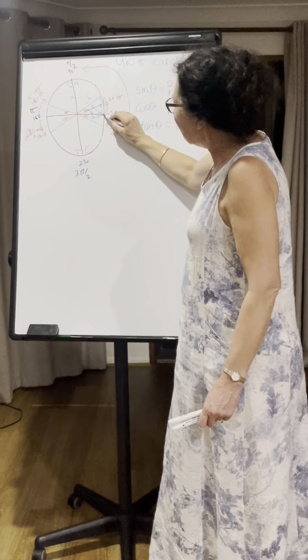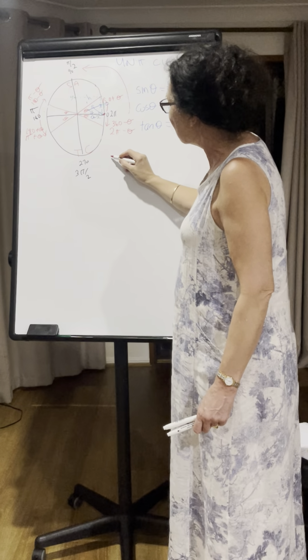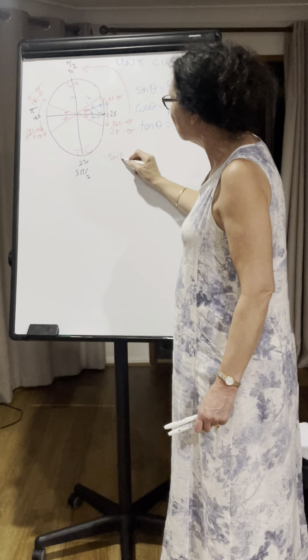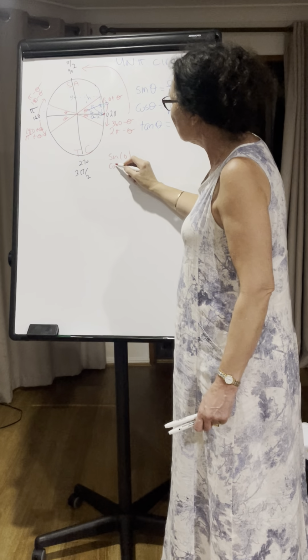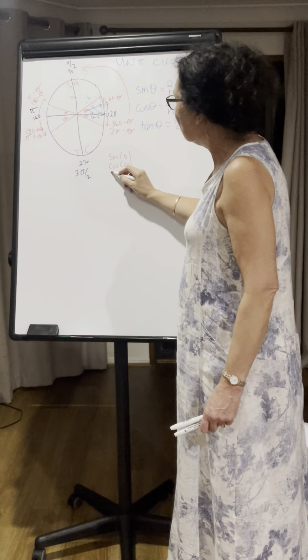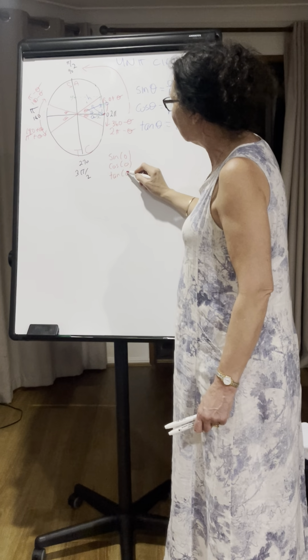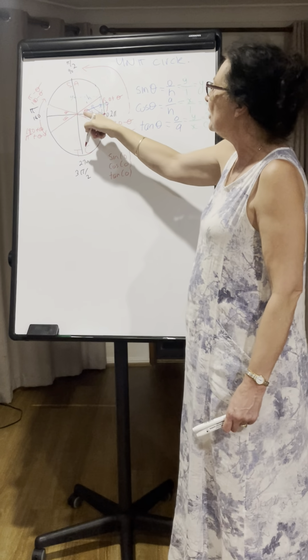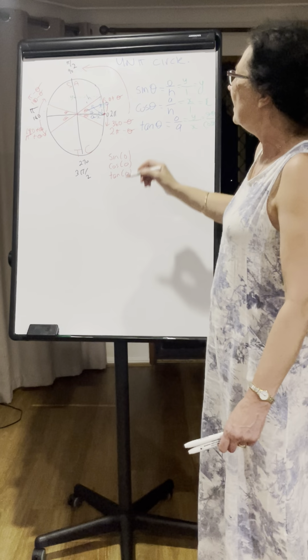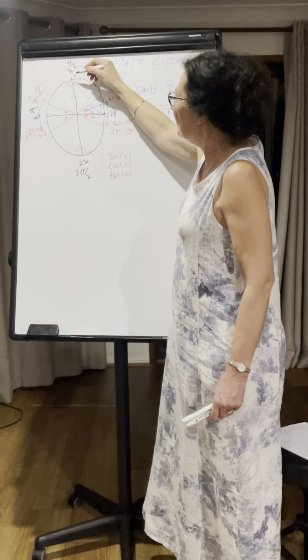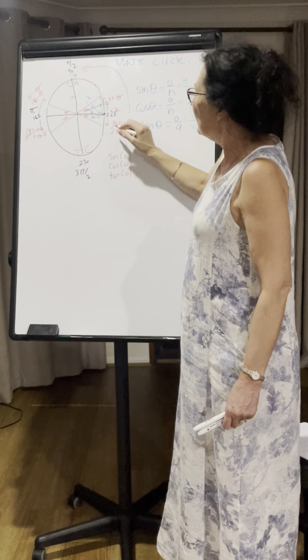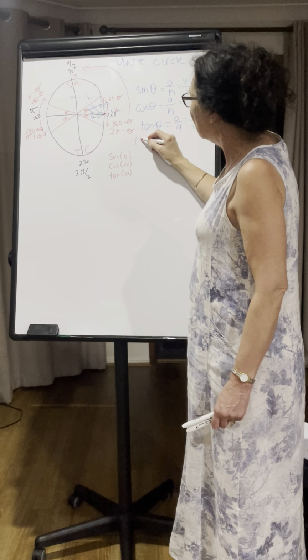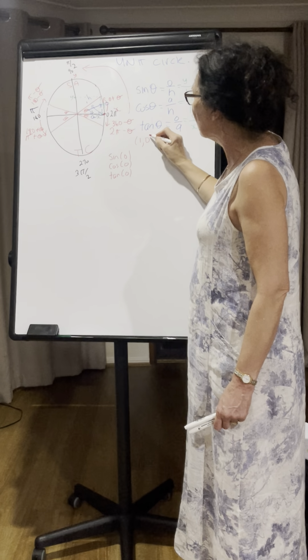If we have a look here, I love doing this one because it is sine of 0, cos of 0, tan of 0. Now 0 is here. If we have a look at here, we know that's 1 unit. If we're looking at the Cartesian plane, your y and your x, this here at 0 is 1, 0.